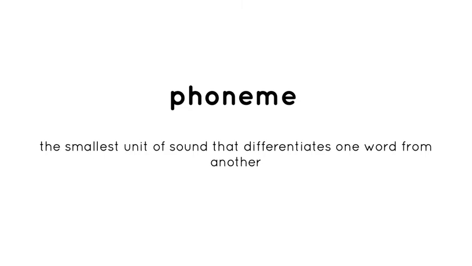How does that change based upon that one different letter and what that means for the sounds within that word? So a phoneme differentiates one word from another in terms of the sounds.